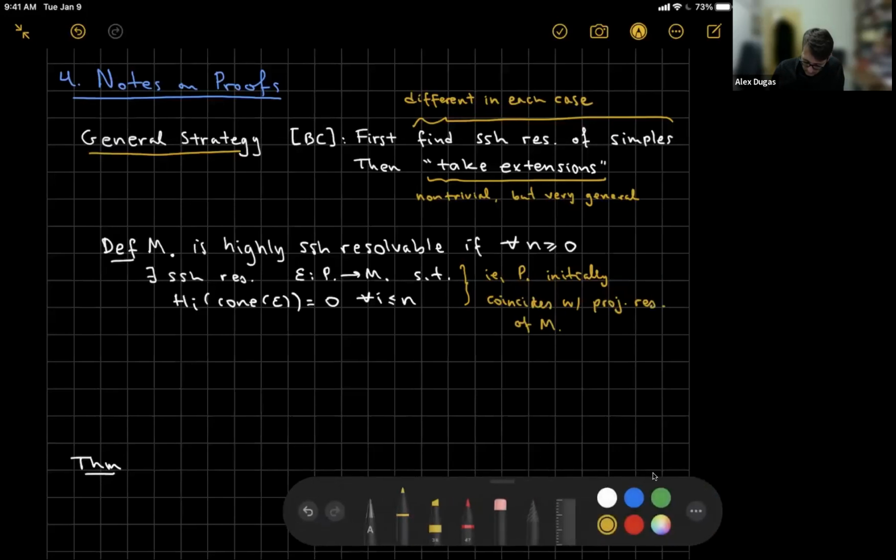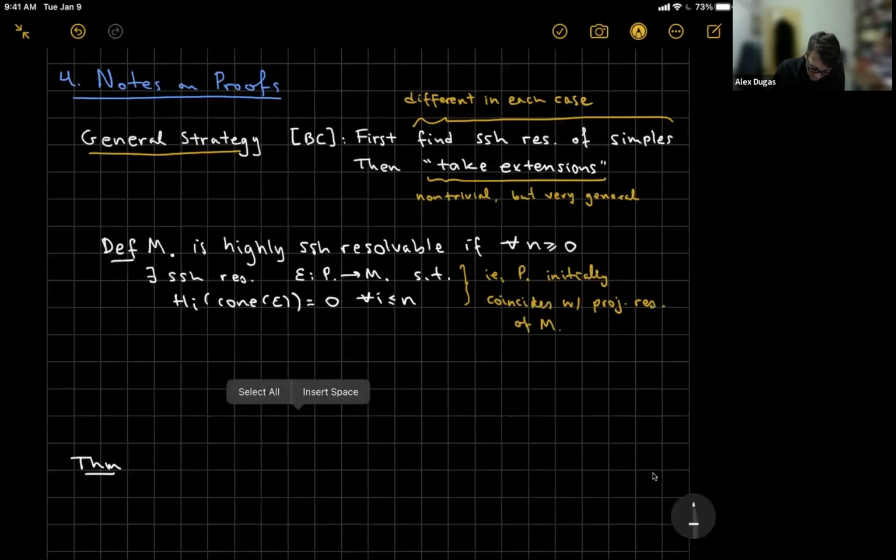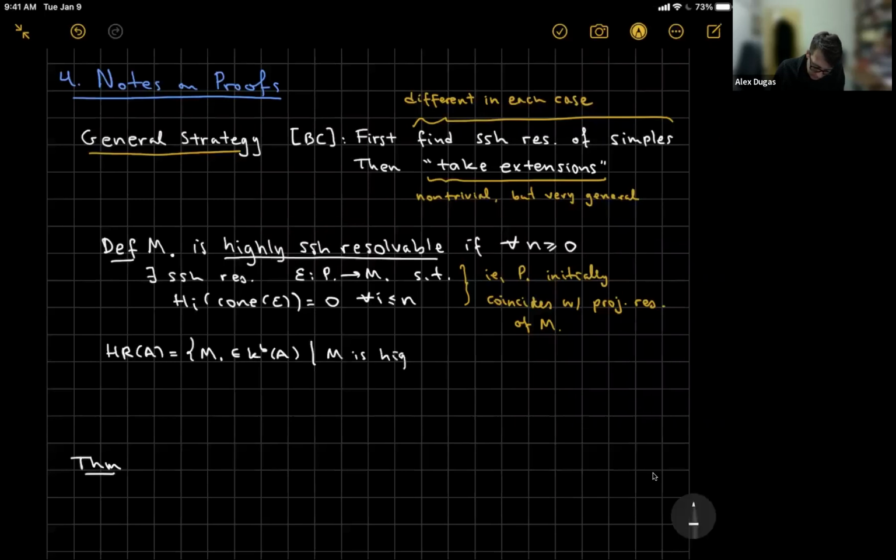Okay. And so we can look at the subcategory of all of these highly resolvable complexes, and I'll call this HR of A. So this is just all of the M in the homotopy category such that M is highly SSH resolvable.